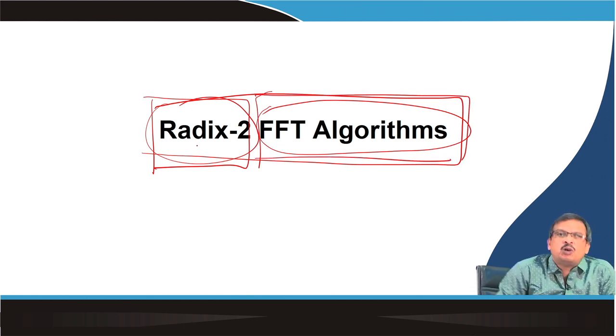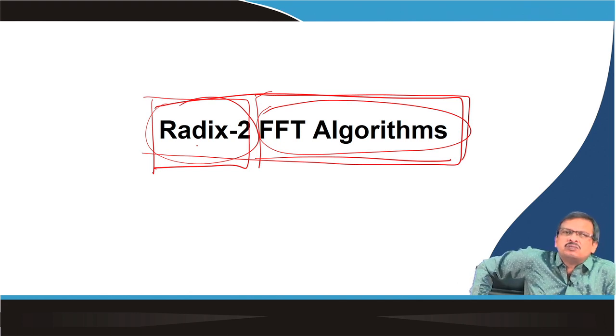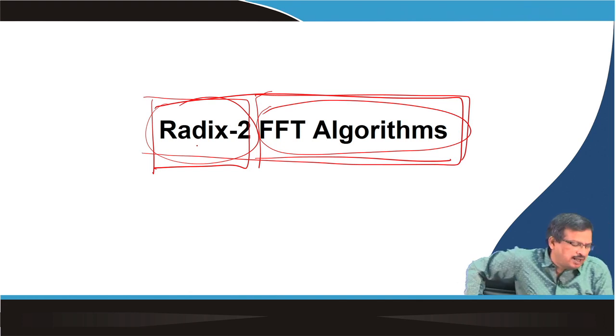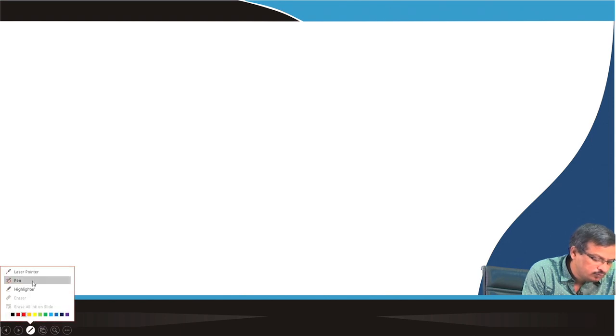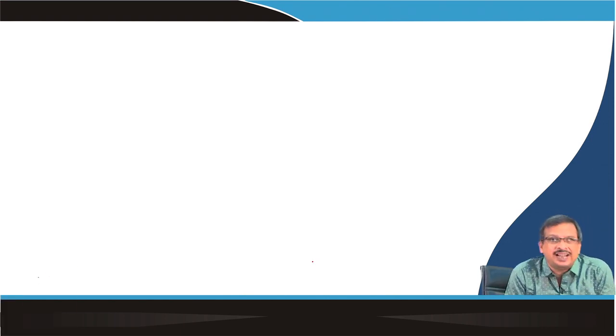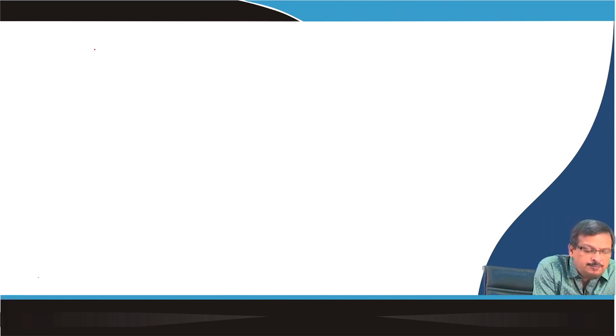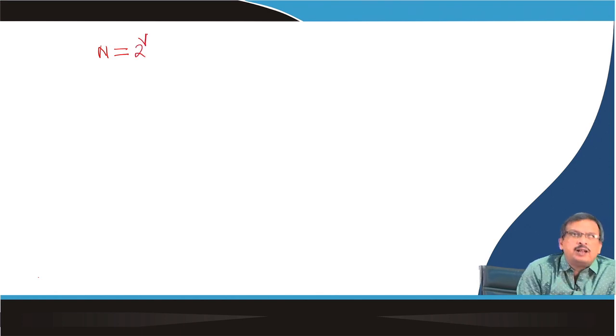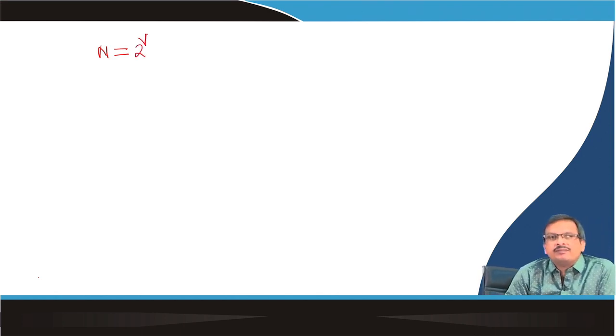So, Radix-2, what do we mean by Radix-2? What is the meaning of Radix-2? I am explaining that now. Suppose the length of the DFT is n and n can be expressed as 2 to the power v, where v is an integer.